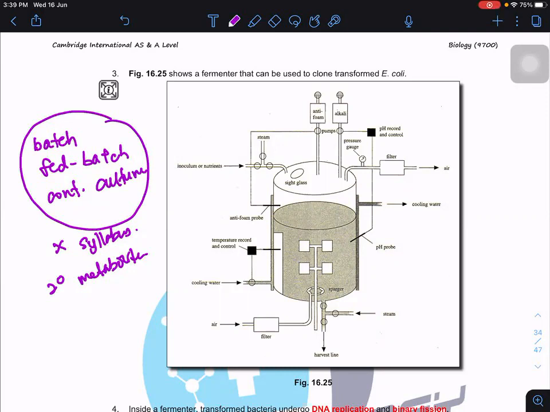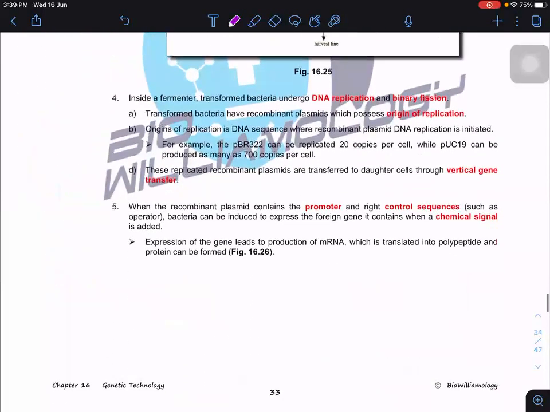So what actually happens inside these fermenters? The transformed bacteria are going to undergo DNA replication, and that's why it's very important that your bacteria must be able to recognize the origins of replication, the ORIs. And they carry out binary fission. Then we will be able to transfer the genes from one cell to two cells, 2 to 4, and continue.